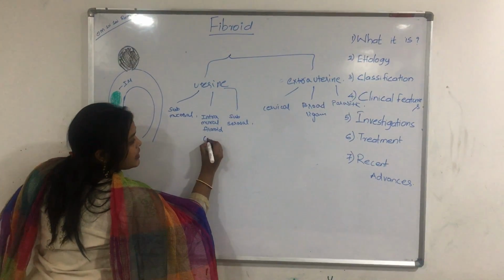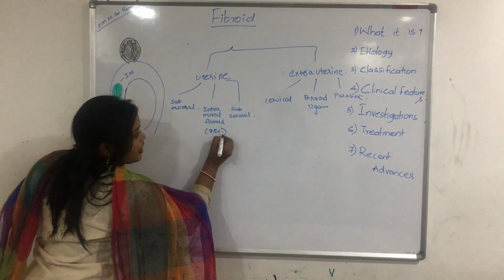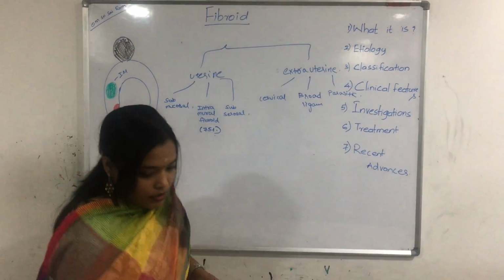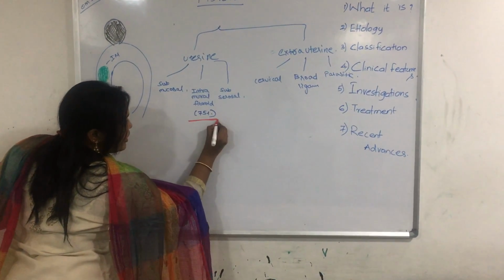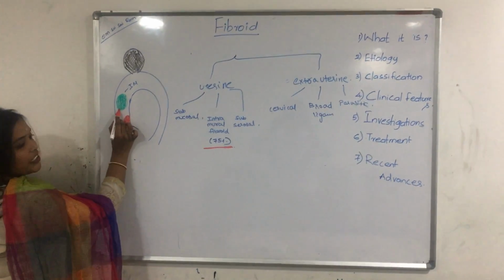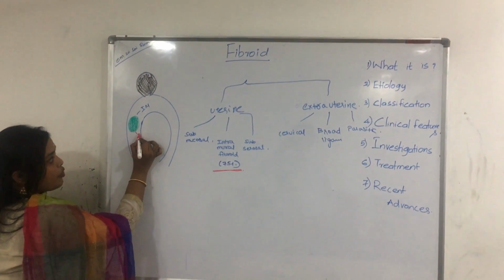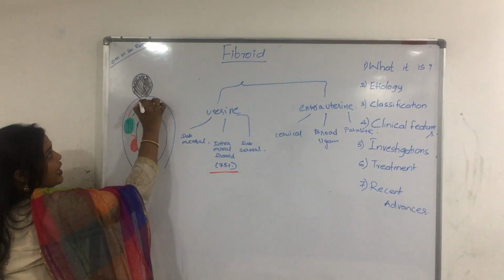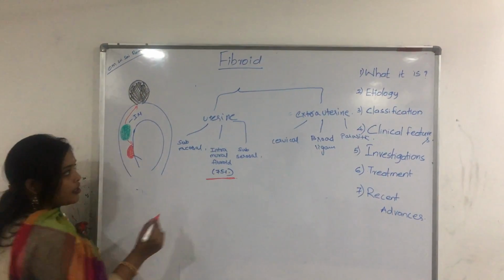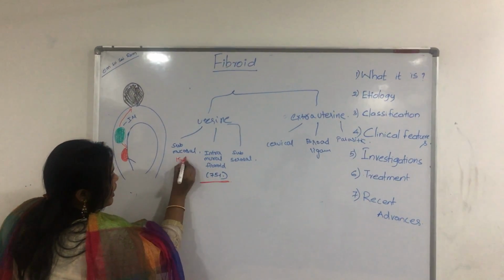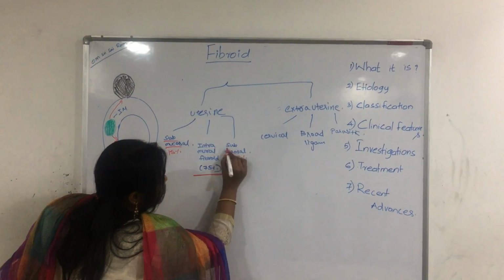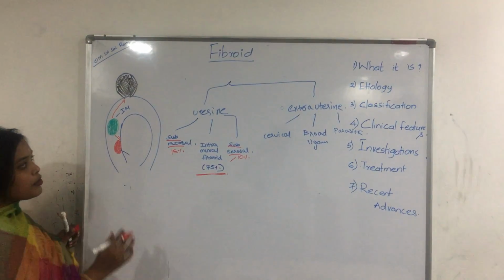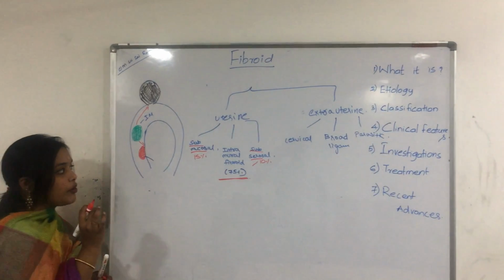Most common, 75%, is intramural. These intramural fibroids can transform either into submucosal or into subserosal fibroids: 15% transform into submucosal and 10% into subserosal. The most common type is the intramural fibroid.